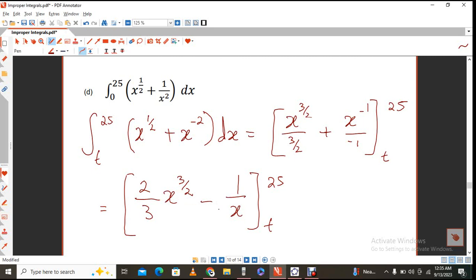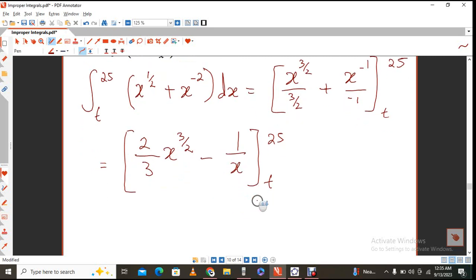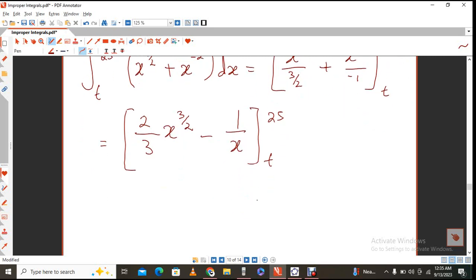Okay, right, so it's rather a horrible value if I have to input it myself. So I'm going to substitute my upper limit, so that is 2 over 3 times 25 raised to that power, minus 1 over 25. That is fine for that part.